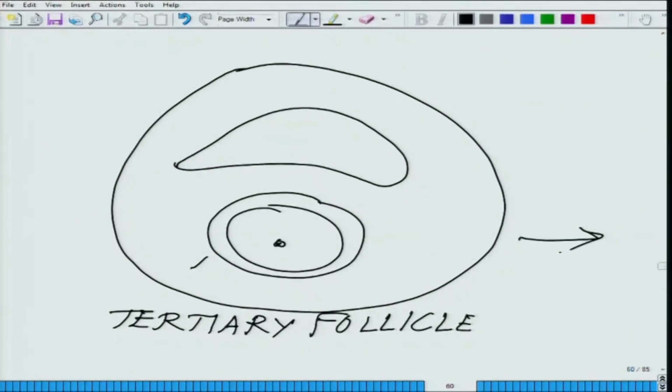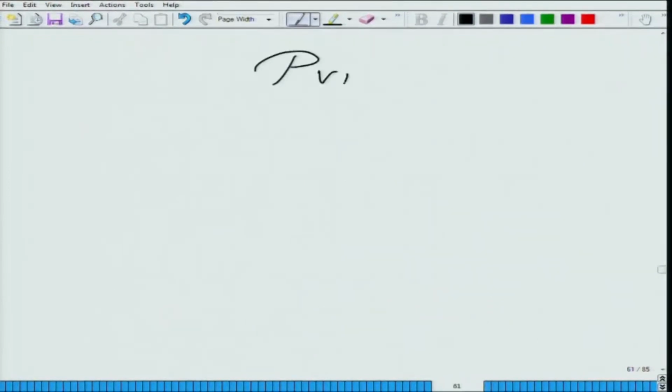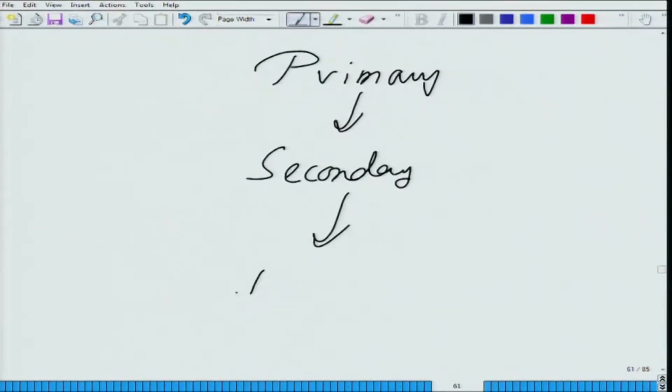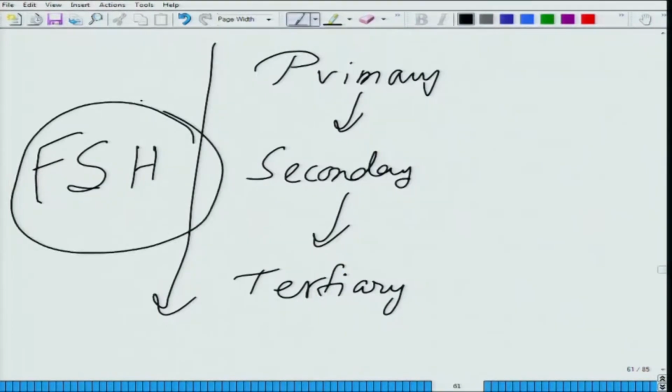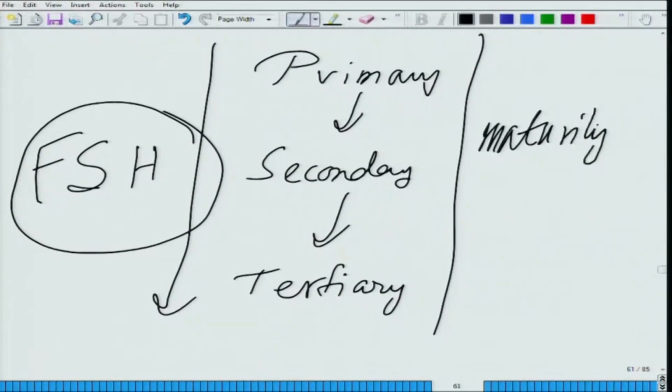This whole process of formation of primary to secondary to tertiary follicle, this whole maturity, is governed by FSH, follicle stimulating hormone, which is responsible for the maturity of the follicle.